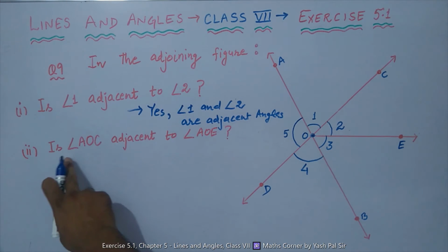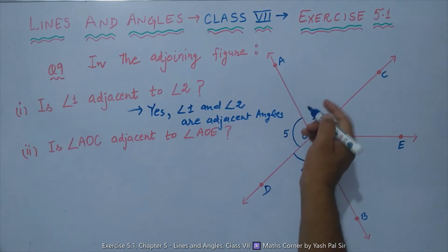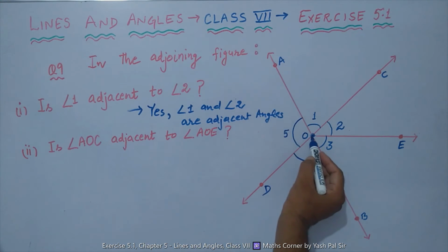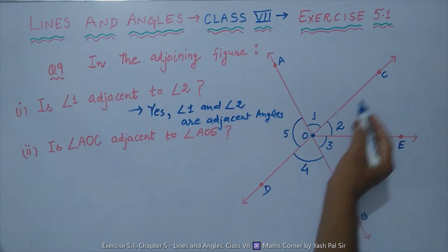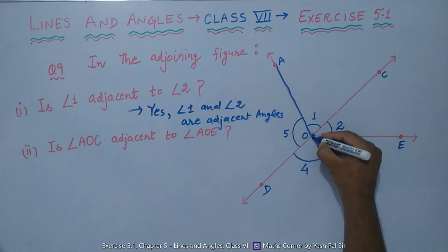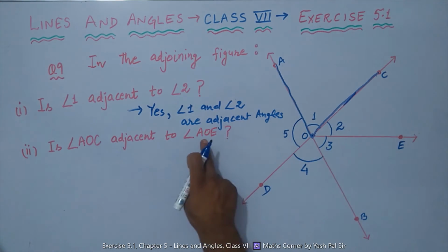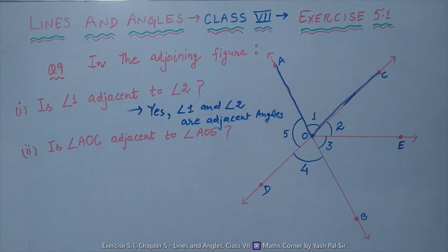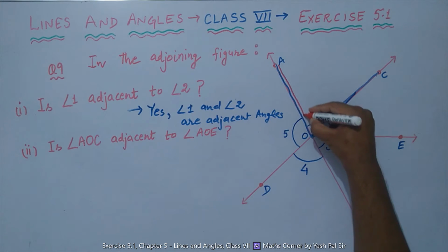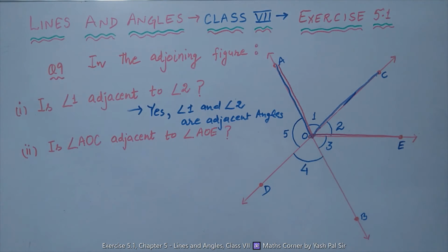Second part is: is angle AOC adjacent to angle AOE? So first of all, what is angle AOC? AOC. This is the angle AOC. So next is AOE. AOE means we start here. This is A, O, E, this angle, right?